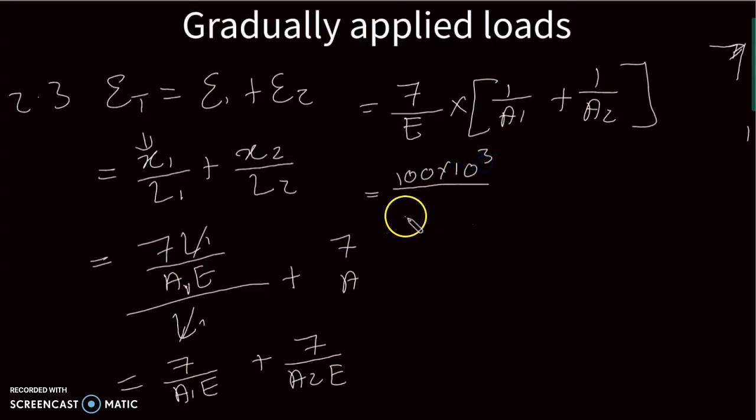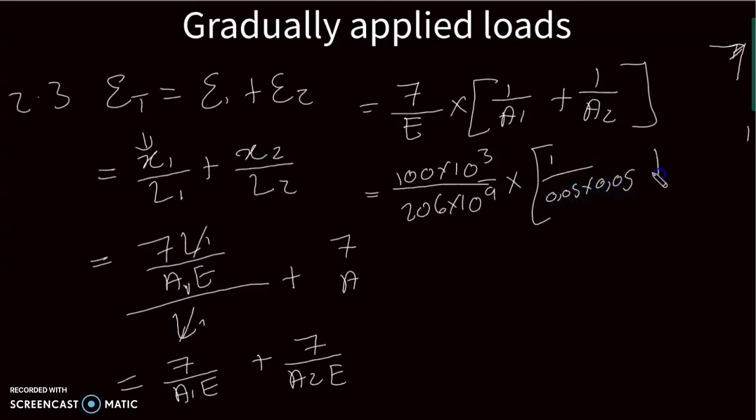Our modulus of elasticity is equal to 206 times 10 to the power 9, in bracket, area number 1 will be 0.05 times 0.05 plus area number 2 will be 0.08 times 0.08, close bracket.